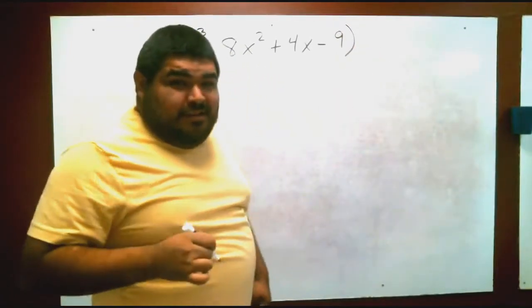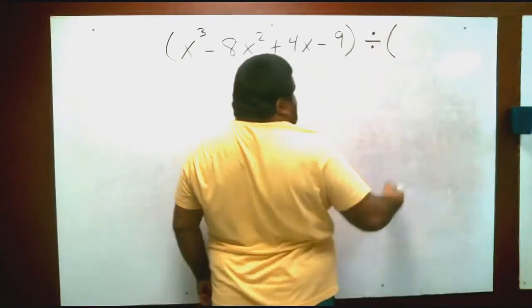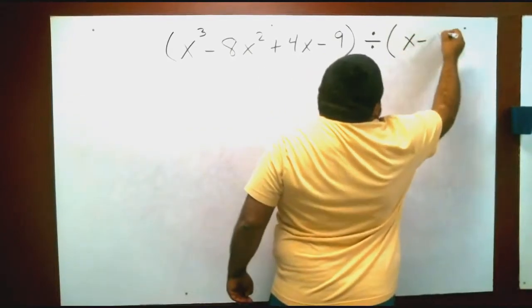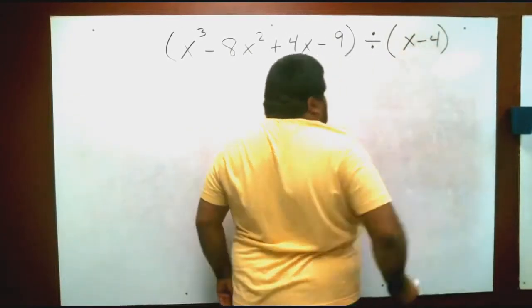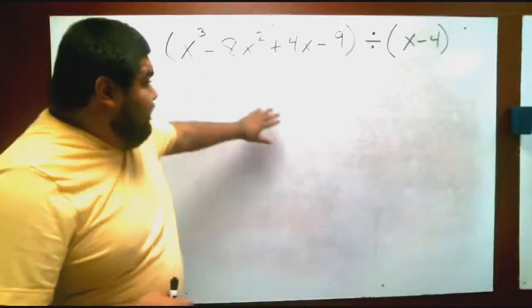It's being divided by x minus 4. Okay, kind of looks complicated, I know, because there's a lot of x's.